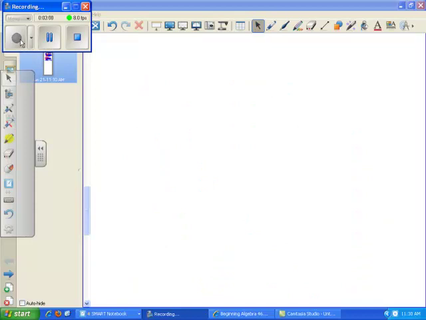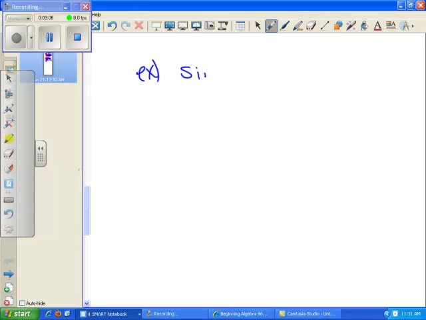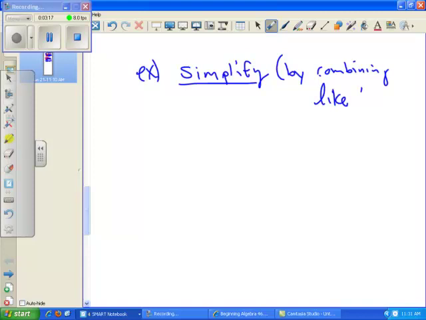And now we're going to look at simplifying an algebraic expression by combining like terms. That's our next skill set that we had listed at the beginning. So what if you had to simplify, over here I'm just going to write by combining like terms. And of course, you have to be able to identify like terms to do that.